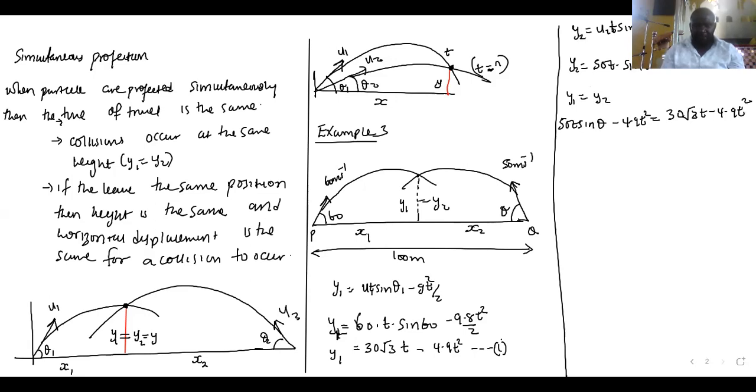Then when you subtract the 4.9 T squared, you remain with 50 T sine of theta equal to 30 root 3 T. I can also cancel this T. Then this 10 with this one, sine of theta is equal to 3 root 3 divided by 5.